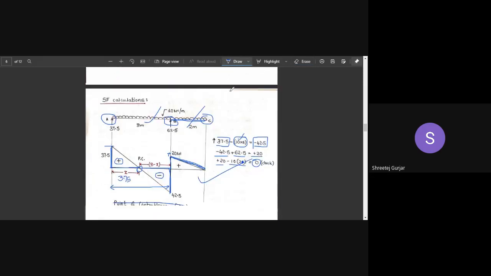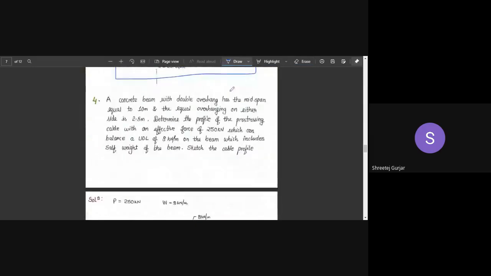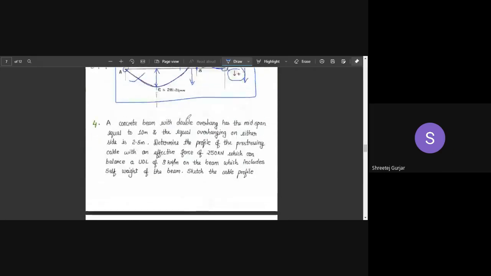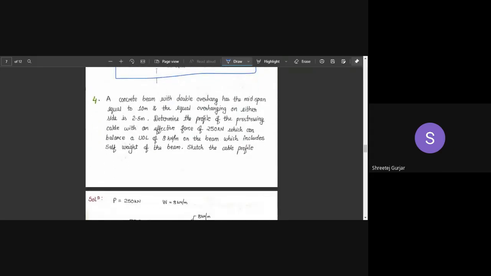So I think this is enough for today's class. In the next class we will solve 2 more numericals, and then after that we will start with a new concept, sorry, not force concept, your pressure line. That is not regarding any of these concepts.